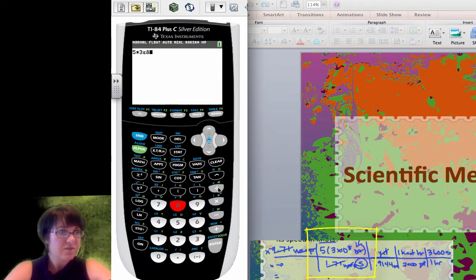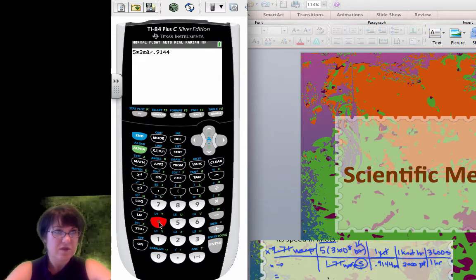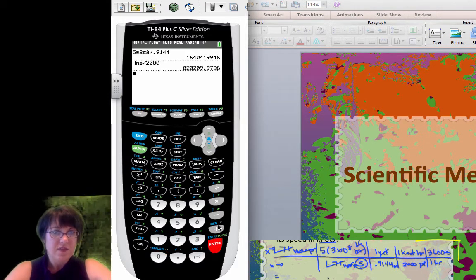And then I want to divide that by meters. There's 0.9144 meters in 1 yard. Okay, so I'm going to get that number. Then let's divide by 2,000 yards for the knots. And then multiply by 3,600 seconds in an hour.